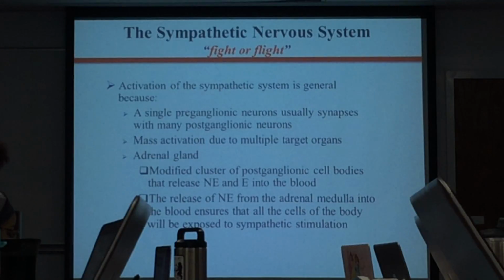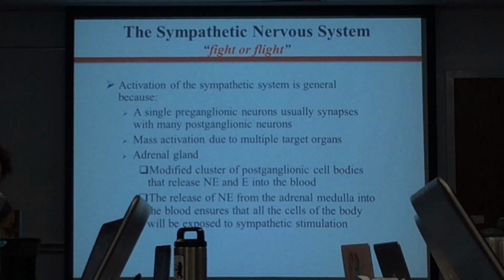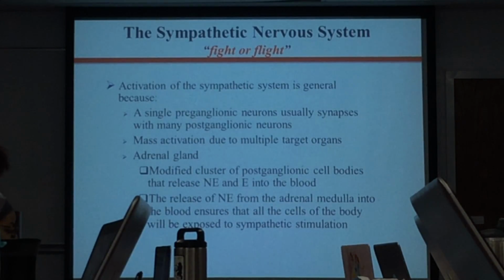And also, we're going to talk a little about the adrenal gland. The adrenal gland is a modified cluster of postganglionic cell bodies that release norepinephrine and epinephrine into the blood. So when norepinephrine is released into the blood from the adrenal gland, it has no selectivity. Once it's rushed into the bloodstream, it's going to activate all the autonomic nervous system.